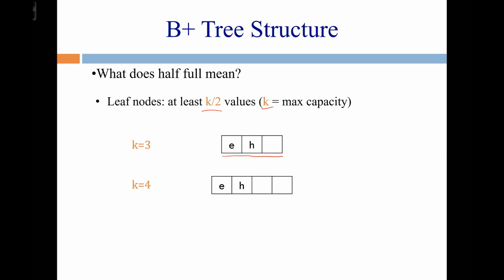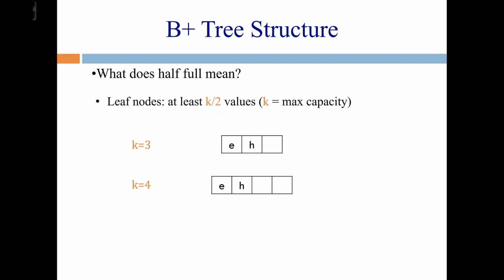It's always going to be greater than half full for an odd number. But in this case down here, it's exactly half full, 2/4. So these 2 nodes, even though they have the same number of items in them, those are the minimum required in order to maintain greater than or equal to 50% full for those 2 examples.